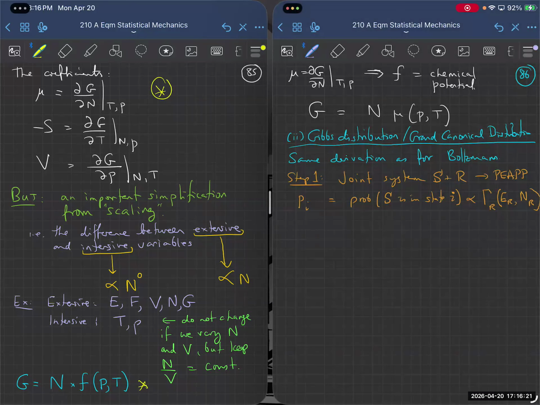Step two. In step two, I use the definitions of temperature and chemical potential. Now you have to go back to our isolated system lecture to remind yourself about those. So definition of chemical potential and temperature.